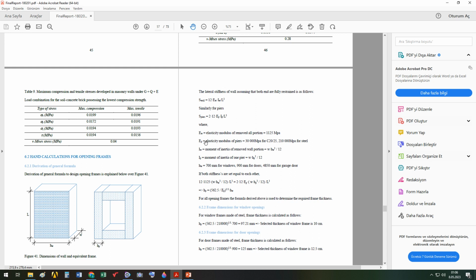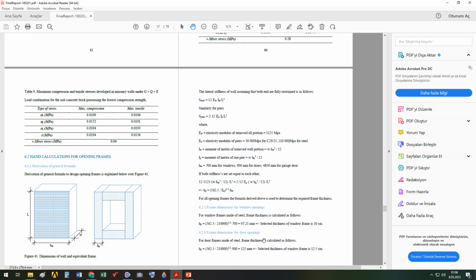Here in this equation, EP is the elasticity modulus of piers. 30,000 megapascal for C20-25, and this is the elasticity modulus, not strength. 210,000 megapascal for steel. And whether you produce this indeterminate structure, which constitutes a frame for window or door, it shall be a monolithic structure made of steel or concrete.